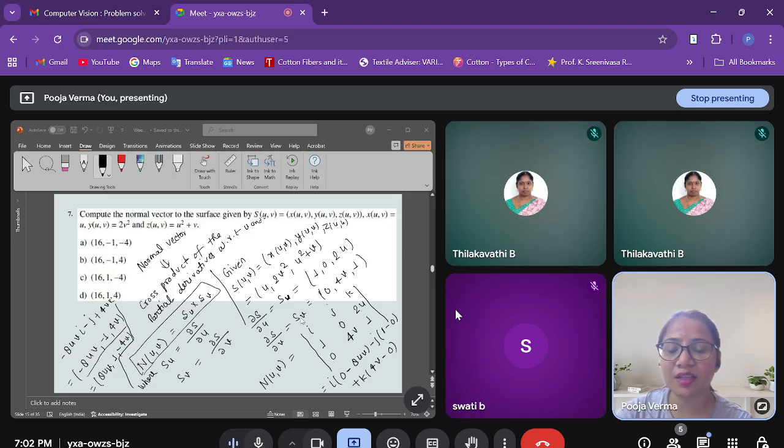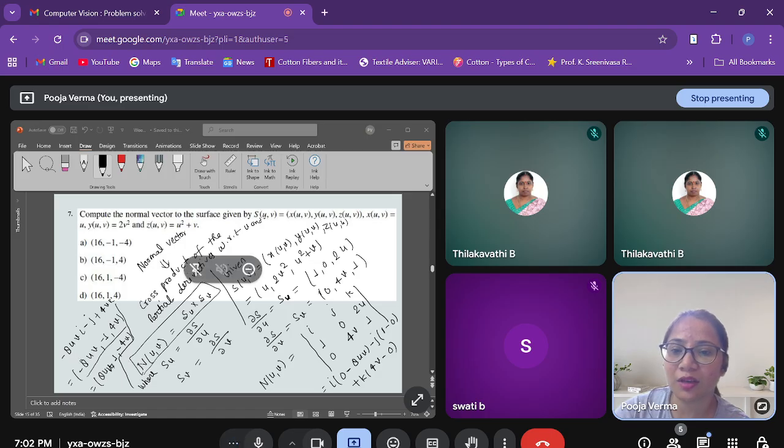Here the first and second terms are both minus. So either you can take this one or this one. If you take both, no option will match here, right? Because the first two terms are not negative in any of the options. So you can just take the opposite one, that means multiply with the minus.